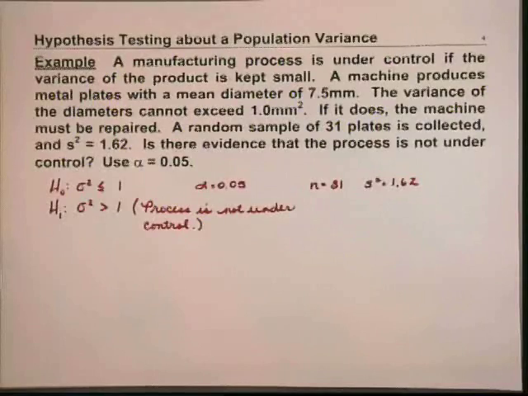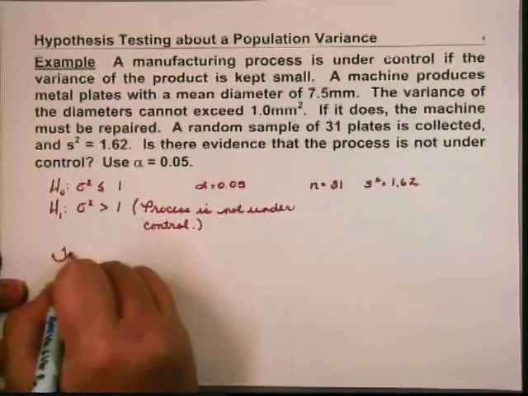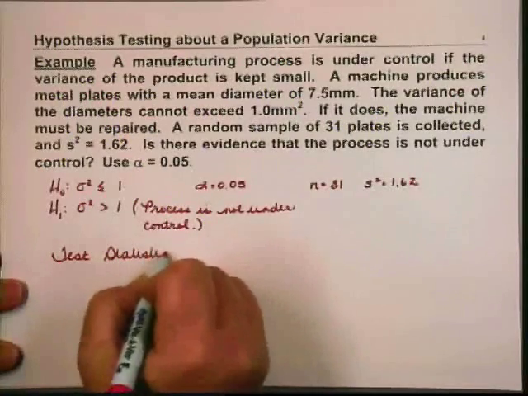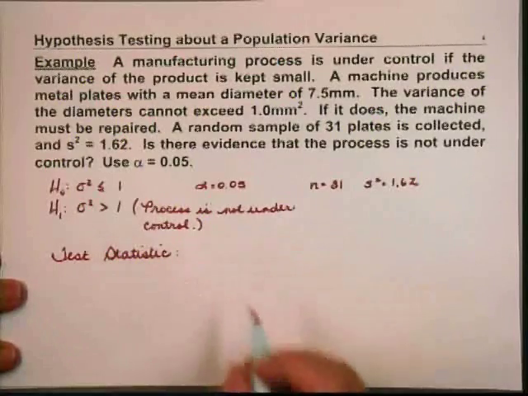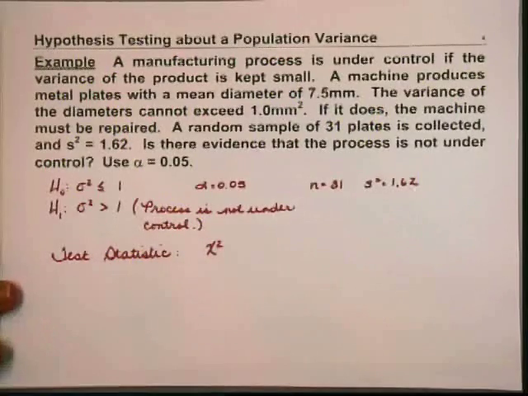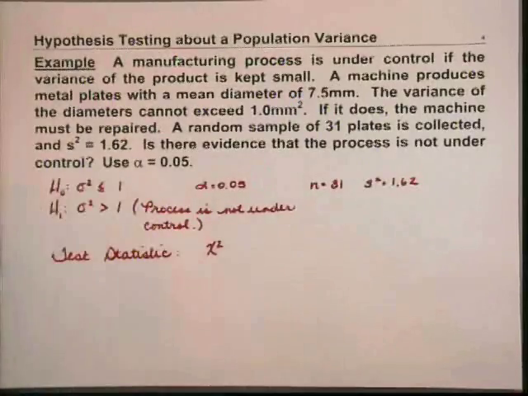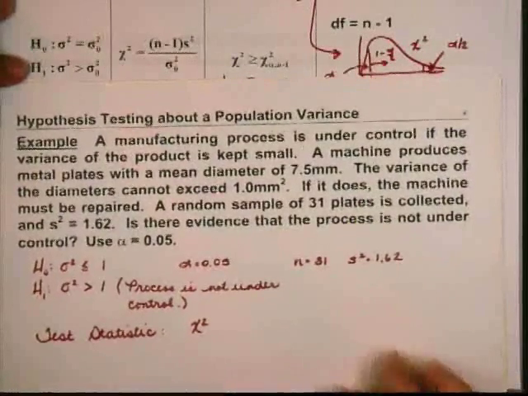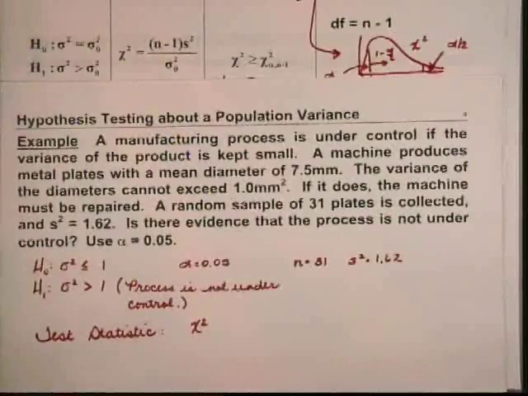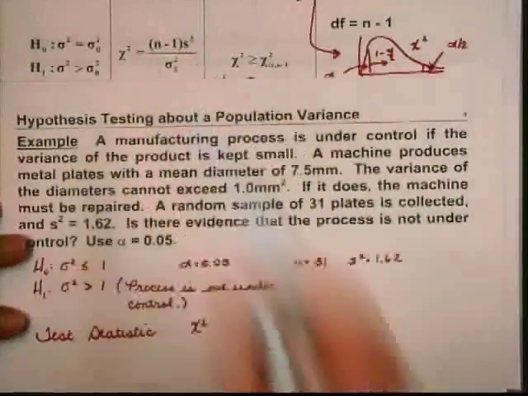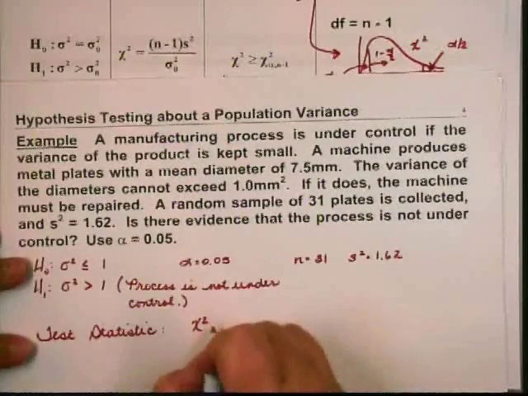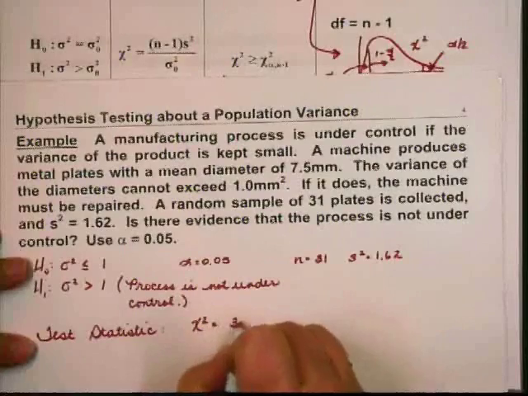All right, so what is our test statistic? We compute chi-square, pull our formula back over. This is the scenario we're in, the second one, off of the previous page. Sample size minus 1 is 30.